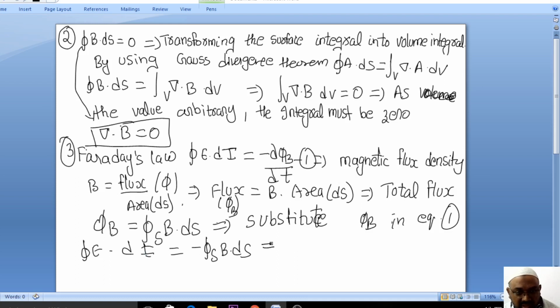Again, you can see this is a line integral and this is a surface integral. You can refer to your intermediate books for this.